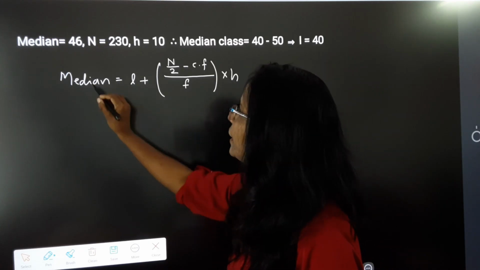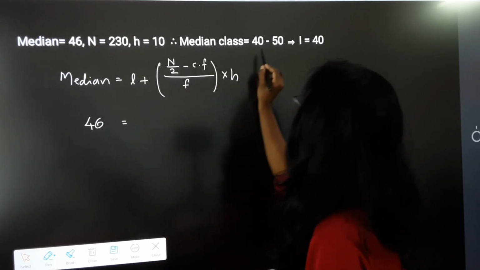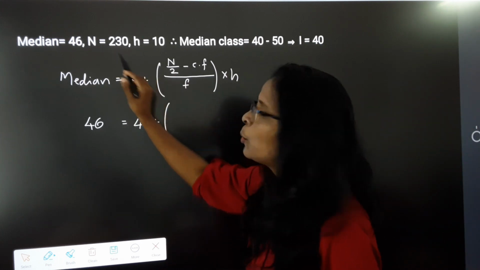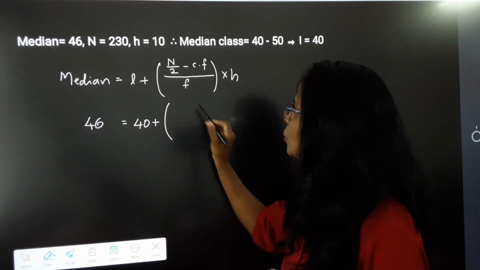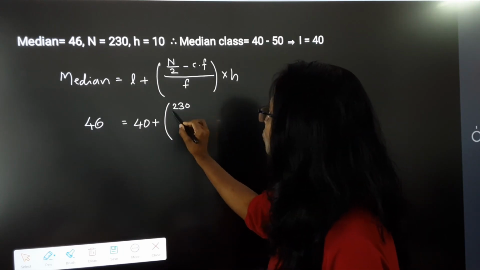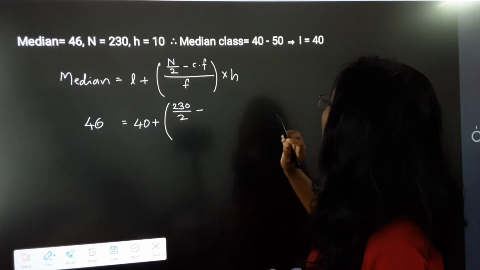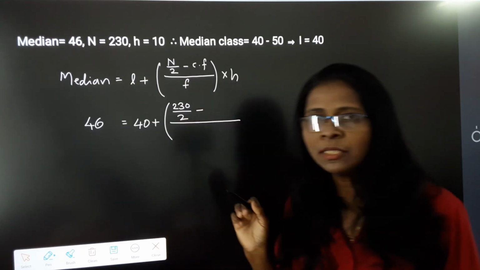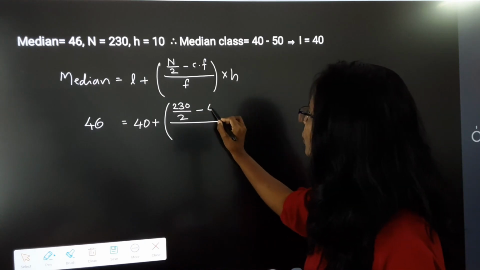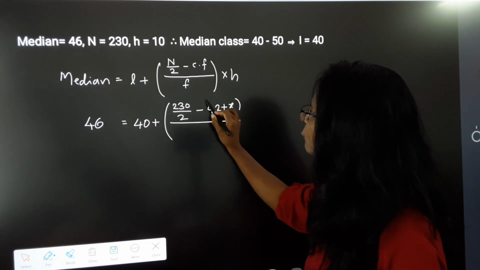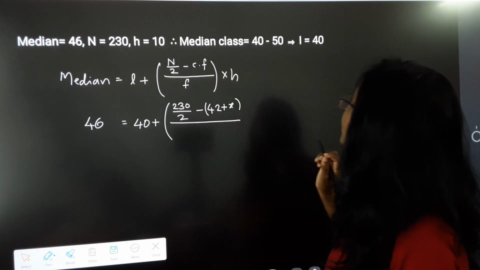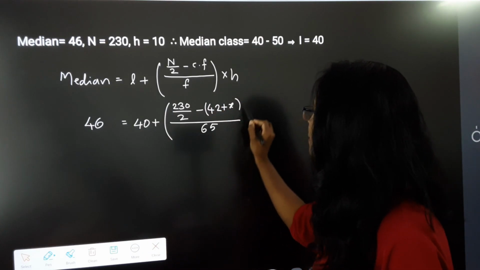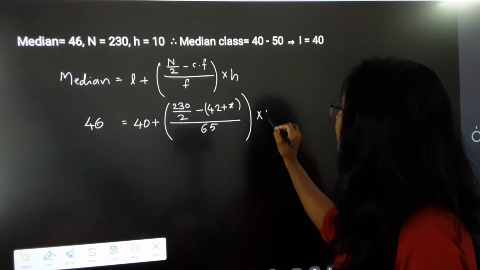So now median is 46 and is equal to 40 plus N upon 2, that is 230 upon 2, minus CF, the cumulative frequency, which will be 42 plus x, and f is 65, and multiply h, that is 10.